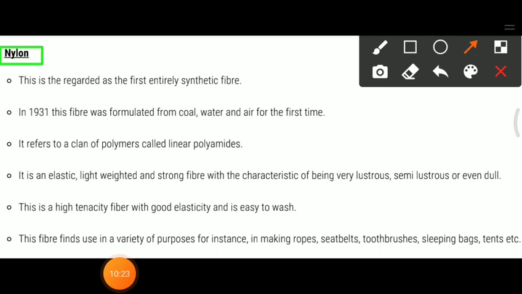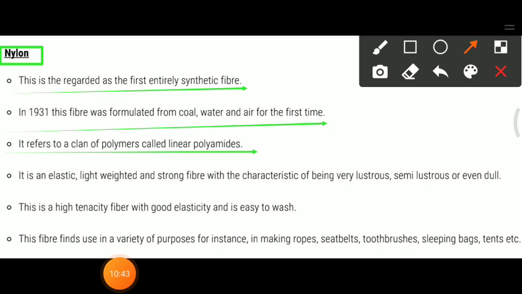So here we can write the main points about nylon. This is regarded as the first entirely synthetic fiber. In 1931, this fiber was formulated from coal, water and air for the first time. It refers to a class of polymers called linear polyamides.